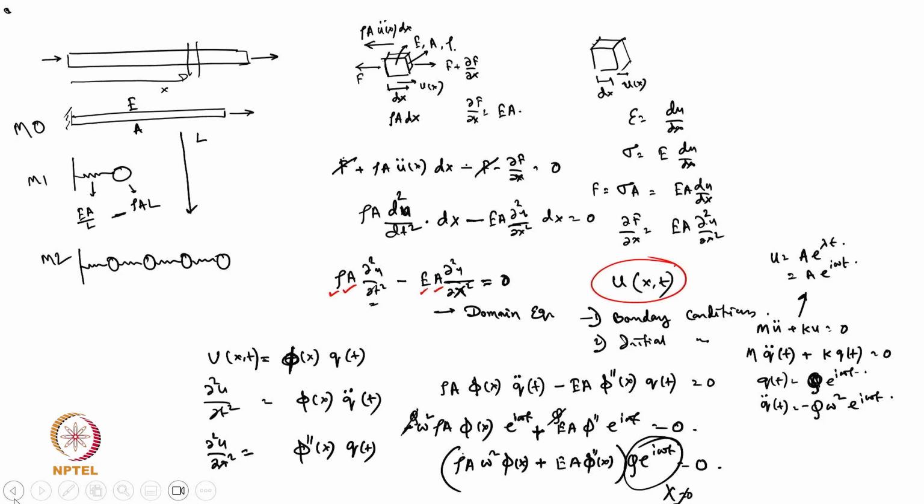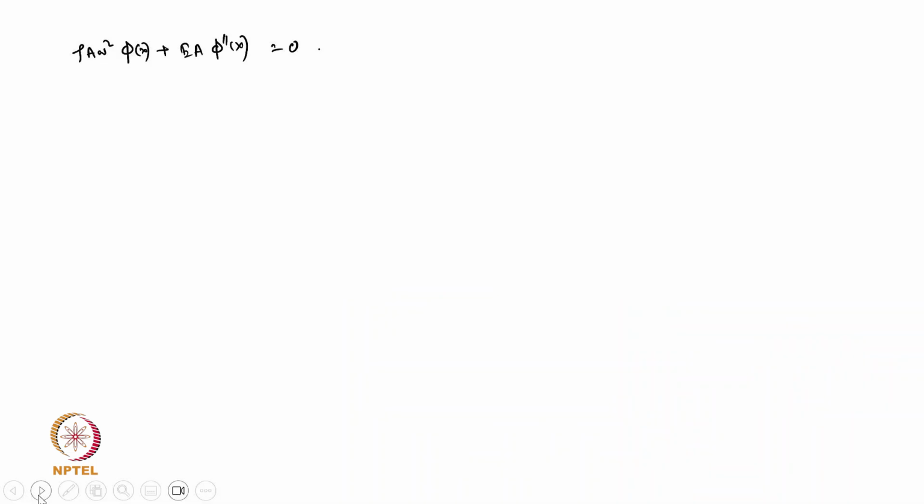So that becomes a trivial solution, and we cannot have that. So automatically this leads to one and only solution, that is rho a omega square phi of x plus ea phi double dash x, that is equal to 0. Make sense? Agreed, all of you? Agreed? Good.